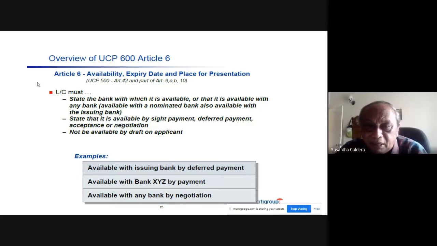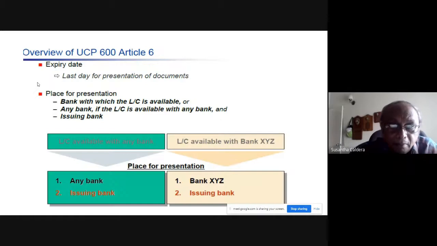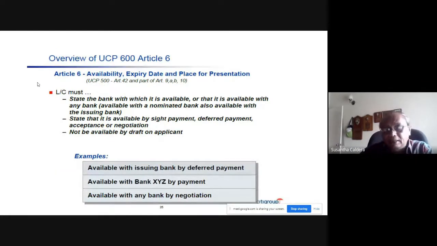Then what do you mean by not be available by draft on applicant? The LC must not be available by draft on applicant.